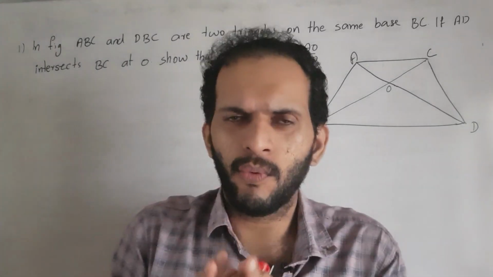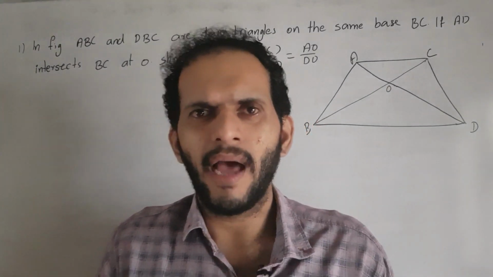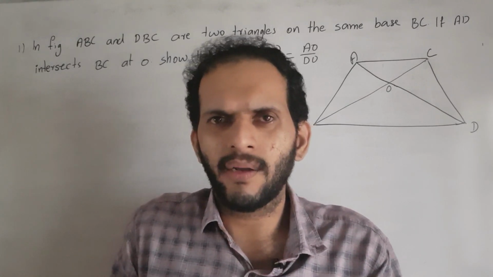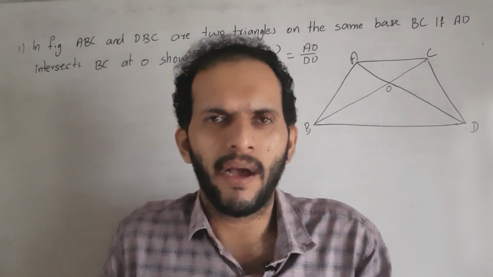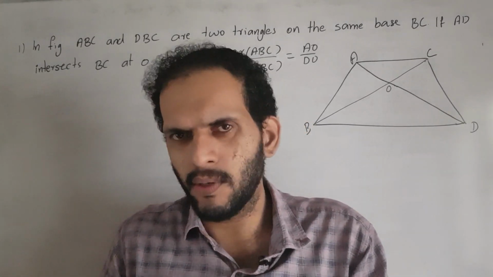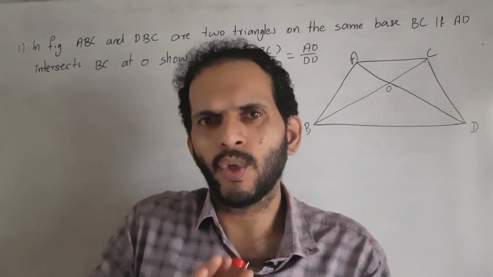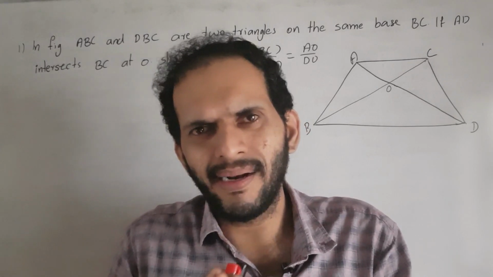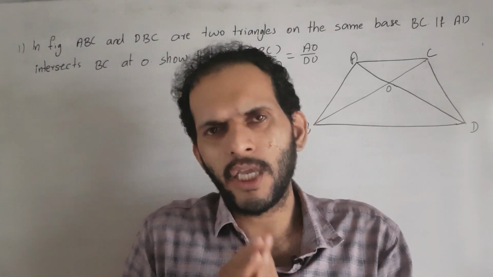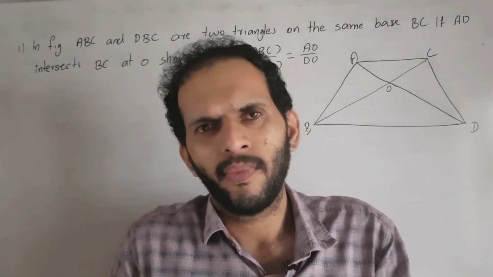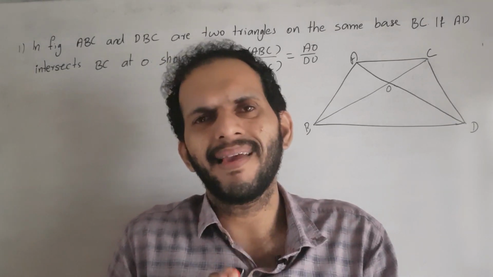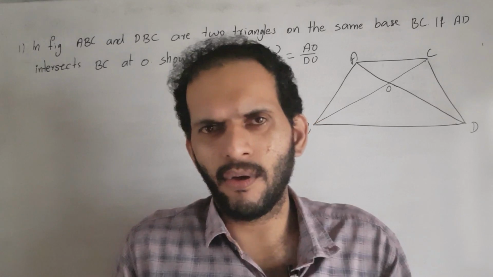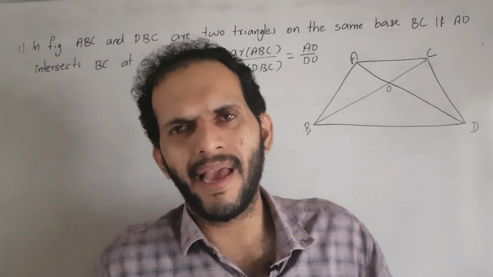So first we want to prove the triangles are similar, and AO and DO are not the sides of triangles ABC and DBC. So we want to get some relation between the corresponding sides of the triangles and the parts AO and DO.